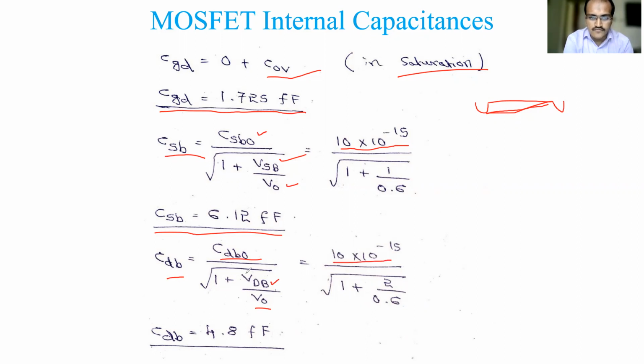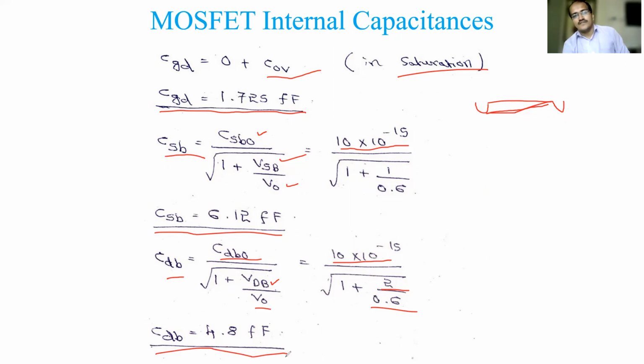Square root of 1 plus VDB, or VDS, which they will give, equal to 2 volt, divided by 0.6. It is the same for both cases. So 2 by 0.6 you have to take now. Because of that, it will come as a lesser value than this one. So 2 by 0.6, then add it with 1, then take the square root. Then 10 divided by that will give you 4.8 femtofarad. So this is the value.